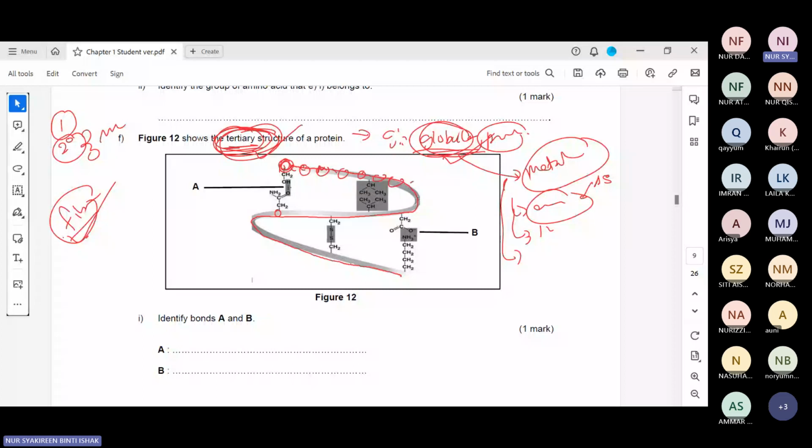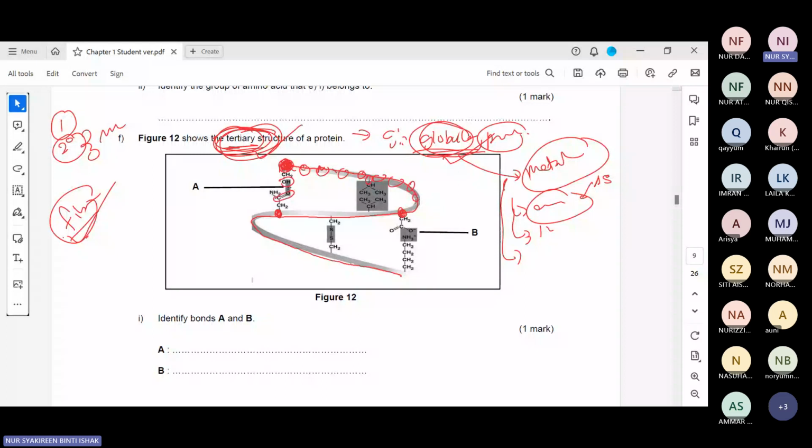So how is tertiary structure achieved? It is due to the interaction between the side chains of amino acids along the polypeptide chain. Here, for example, we have an amino acid that has a hydroxyl group, and on this side we have an amino acid that also has a carbonyl group.